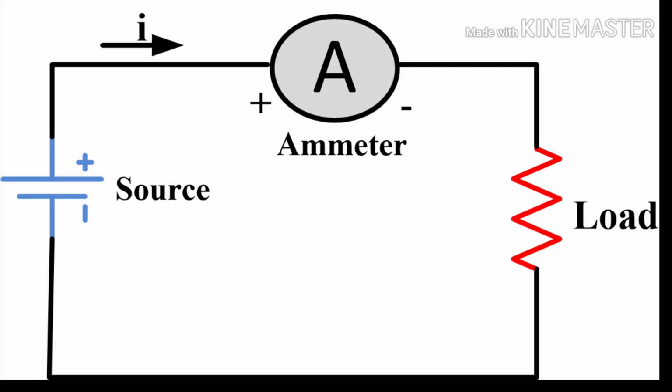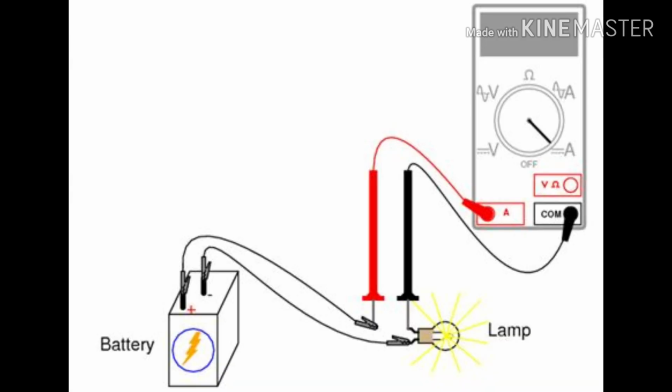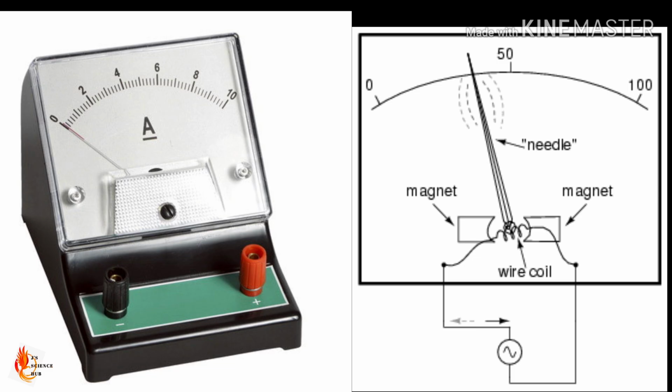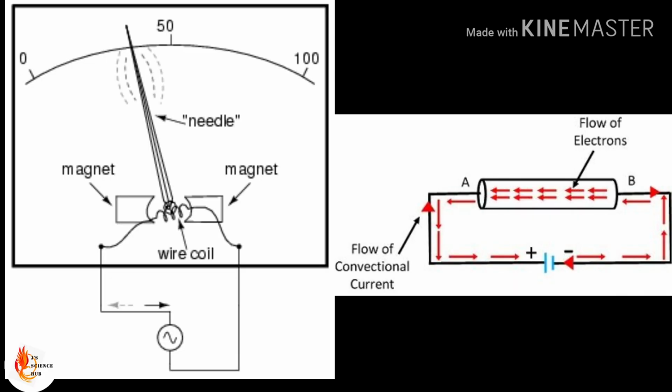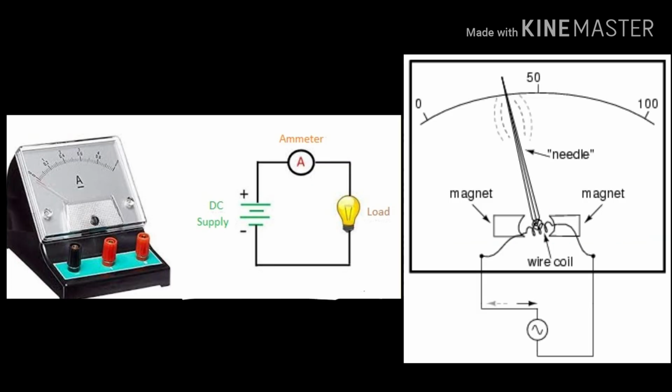Since the ammeter is connected directly into the circuit, it must have a low resistance so that it does not reduce the flow of charge which it is being used to measure. So what does the ammeter actually measure when it is connected in a circuit? You might visualize the working of an ammeter as counting charges as they move through the instrument, to see how many pass each second.